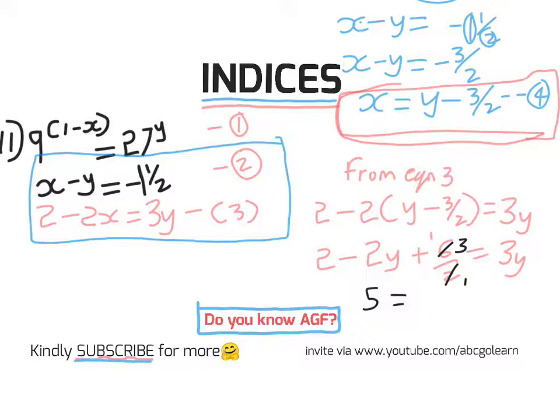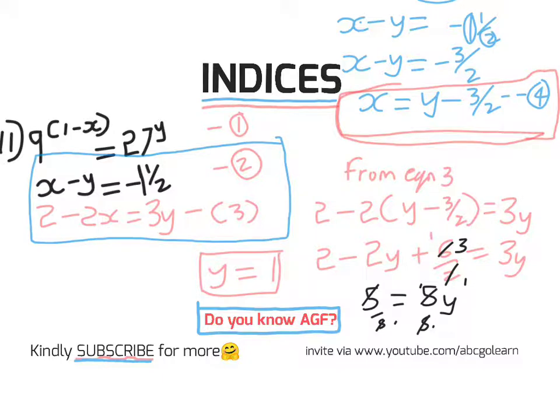So we have 5y, because 2y plus 3y gives us 5y. Now if you divide both sides by 5, you have your answer to be y equals 1.